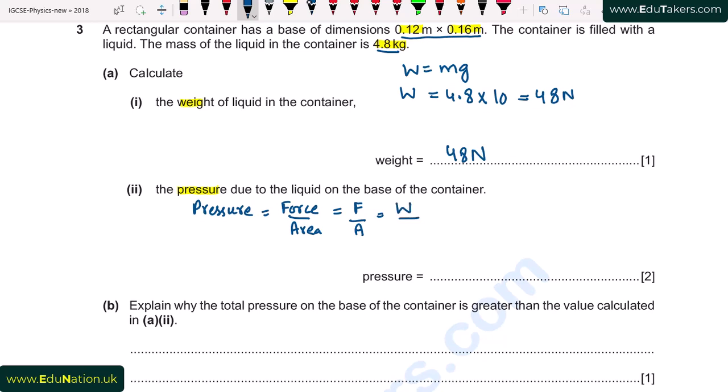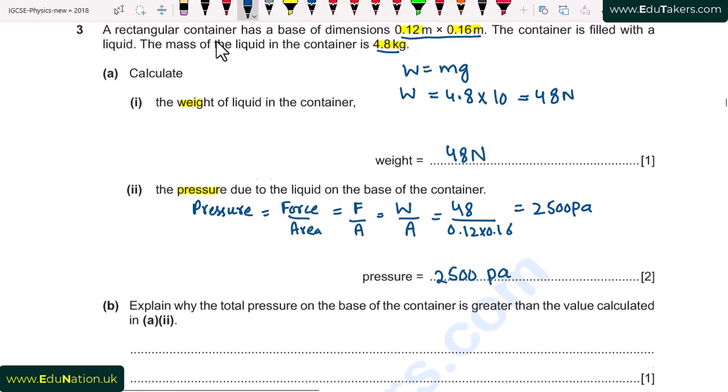So I write here weight over A, and it is 48 divided by 0.12 and 0.16, so that the pressure comes to be 2500 Pascal or 2500 Newton per meter square. So pressure will be equal to 2500 Pascal.